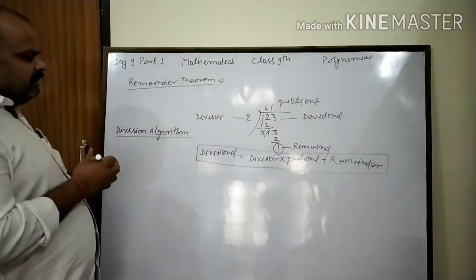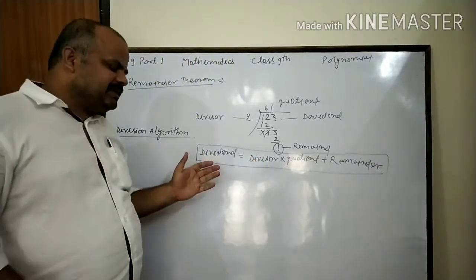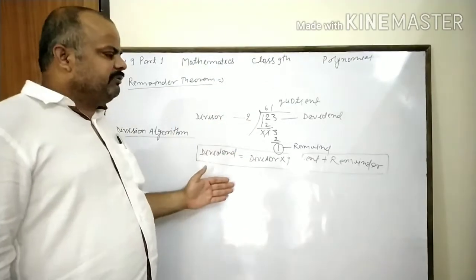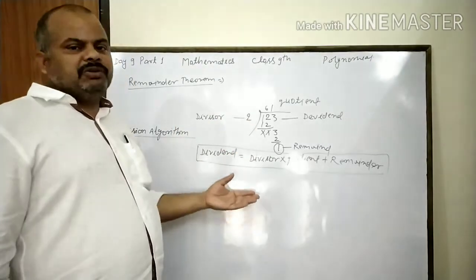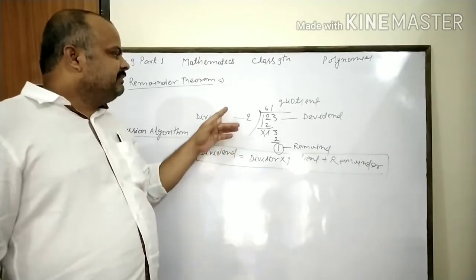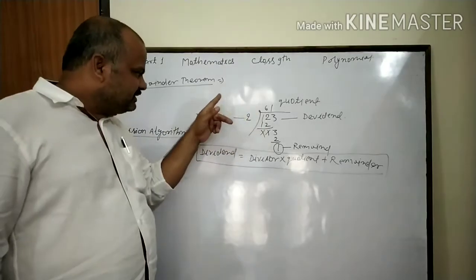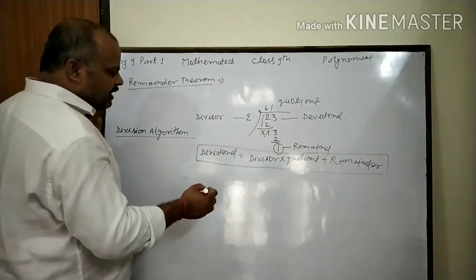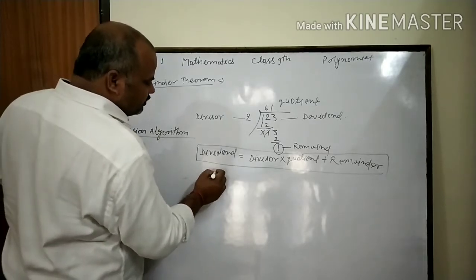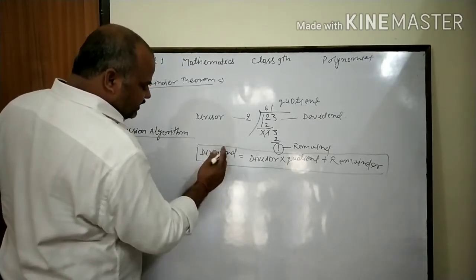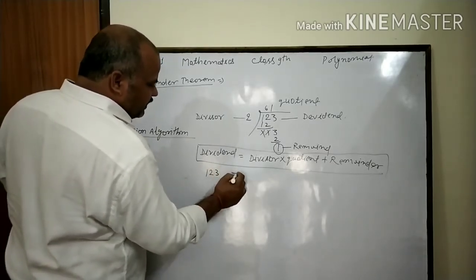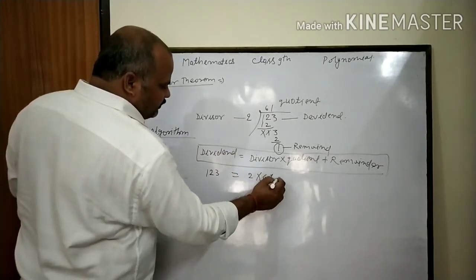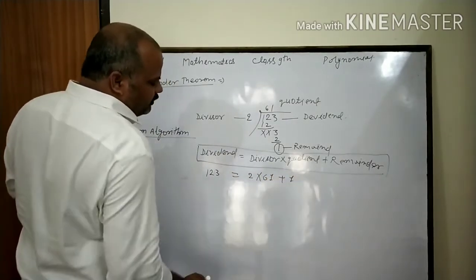But in our previous classes like 5, 6, 7, if you have a division and you want to check whether your answer is correct or not, you can solve the question by this process. Here dividend is equal to 123, divisor is equal to 2, quotient is equal to 61, and remainder is equal to 1.